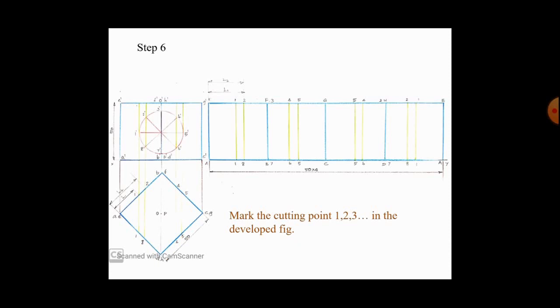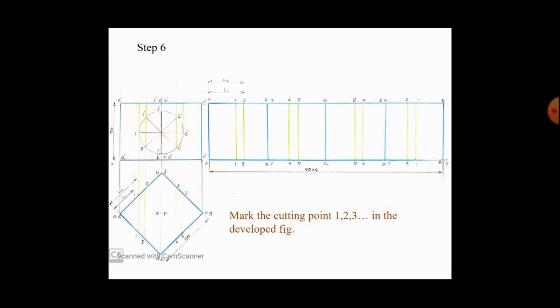Similarly, you measure the distance to the point 2 from A in the top view and mark it correspondingly along the development from A. You get the points 2 and 8, so you draw a line 2, 8. Likewise, you draw all the lines 3, 7, 4, 6 and 5, 5.